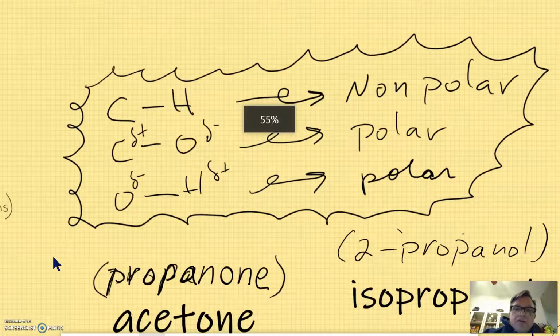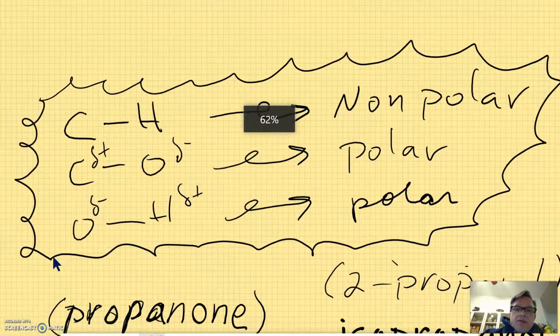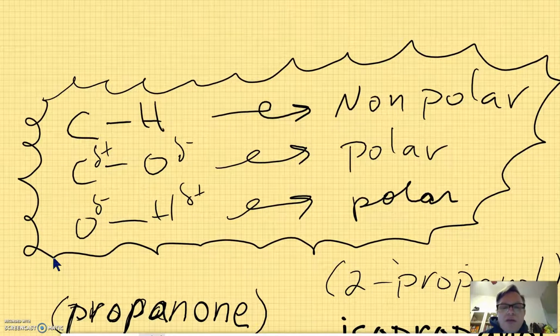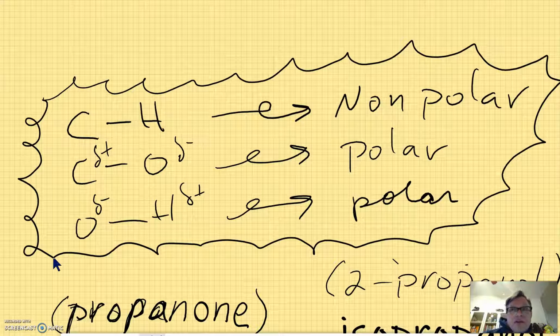Also, let's review the polarity of bonds between these 3 elements. A carbon-hydrogen bond is considered nonpolar. The difference in electronegativity is not great enough for it to be considered polar.